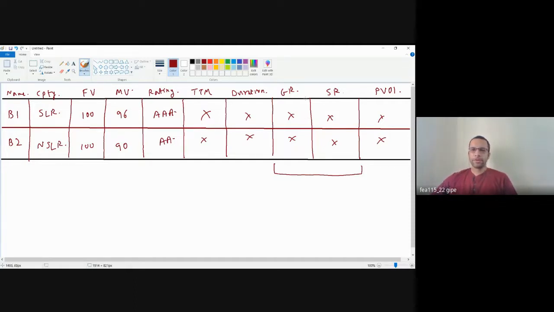Now your general risk and specific risk are a function of a few things. Rather than PV01, let me write what I call the CY, or the assumed change in yield, because that is something which will be useful. CY is the assumed change in yield. General risk is also what you call broad market risk.